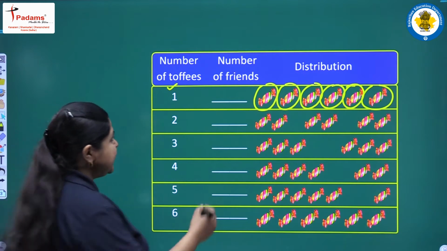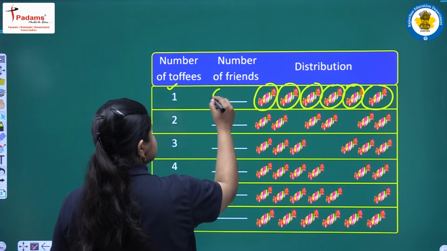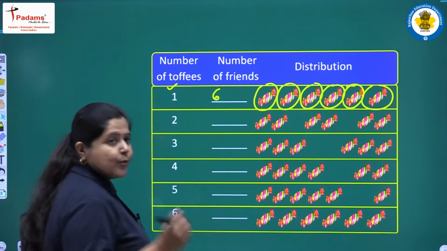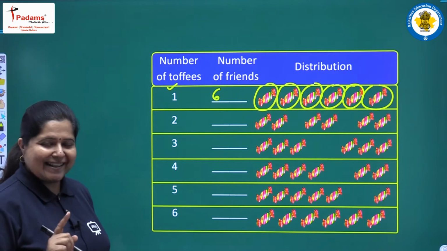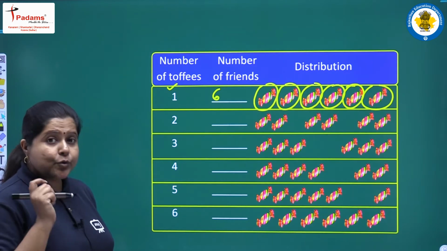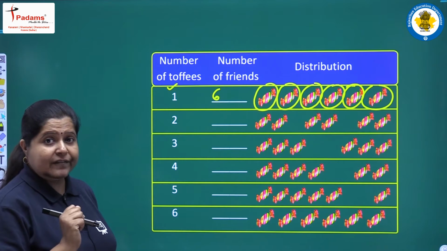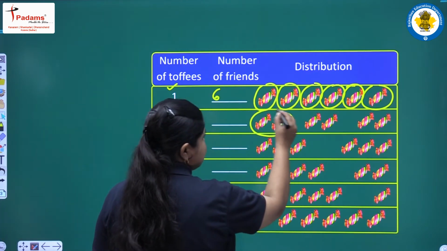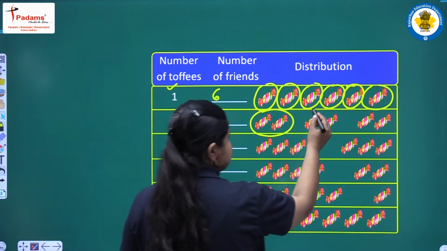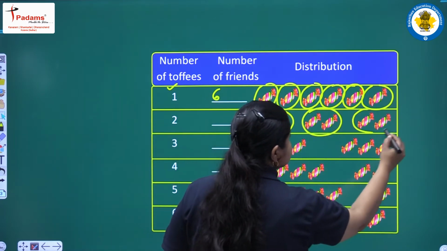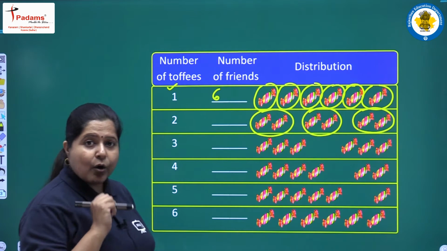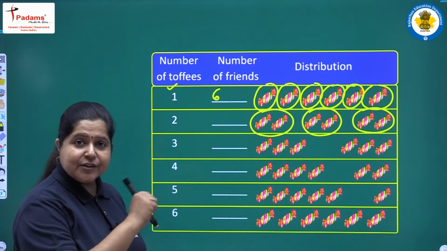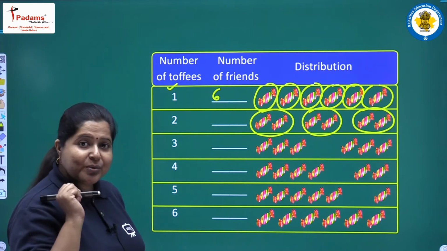So in all, we can distribute these toffees, single toffee, to 6 of our friends. If I want to give 2 toffees to each of my friends, then what can be done? 2 toffees to the first friend, 2 to the second, and 2 to the third. So to how many friends are we now giving the toffees? Clearly to 3 friends.